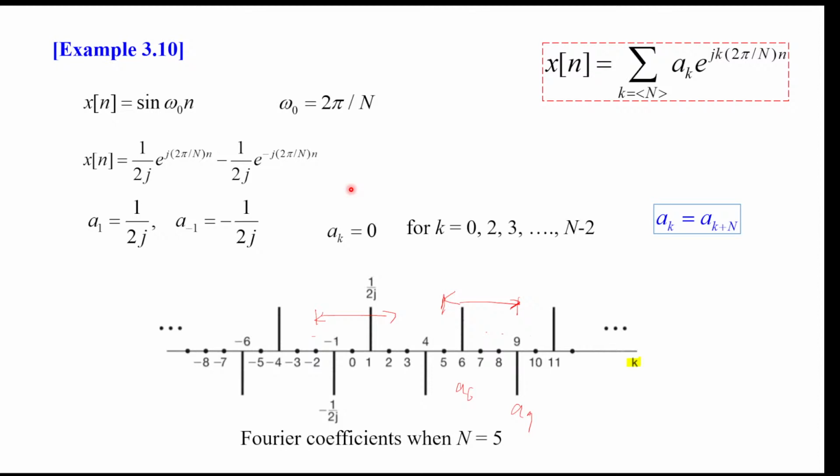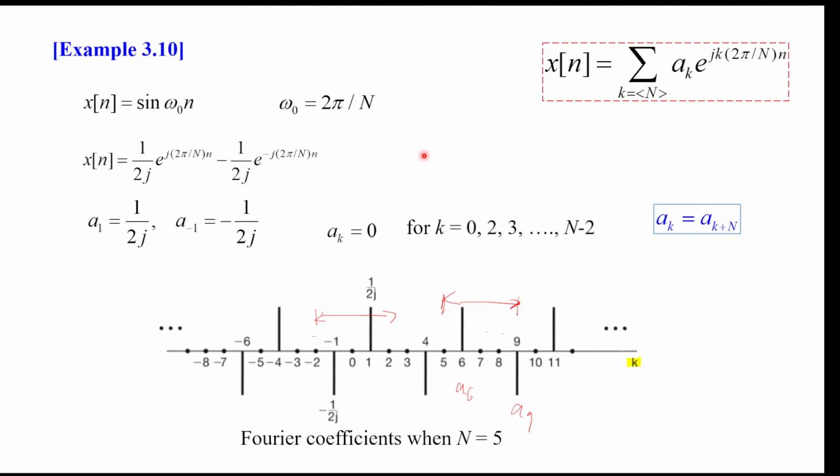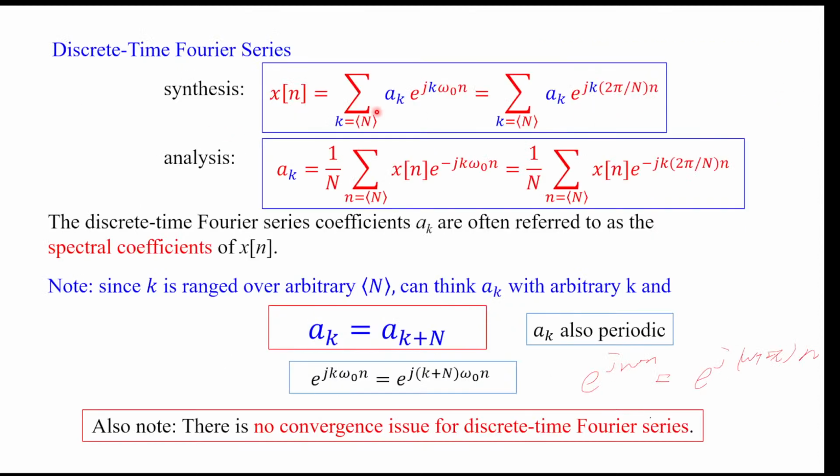First we have x of n equal to sine omega n. This is a very easy case where we don't even need to do the summation. We don't even need to use the analysis equation.